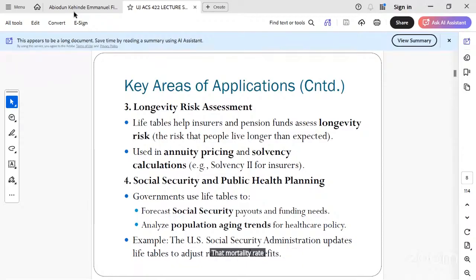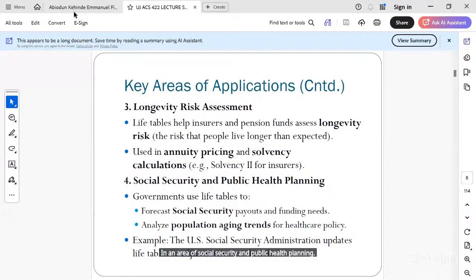So their action will be based on what the figures in the mortality table is showing. So you can see how the mortality table can help in the area of social security and public health planning.